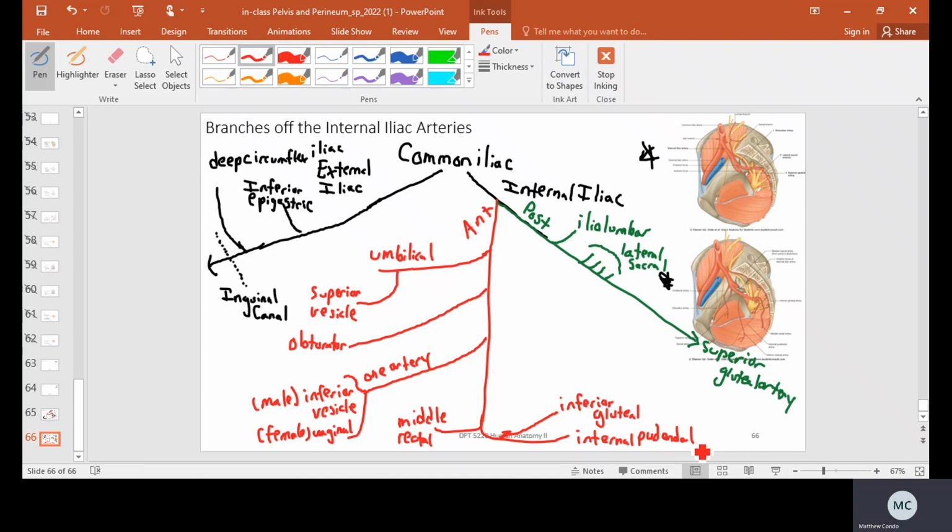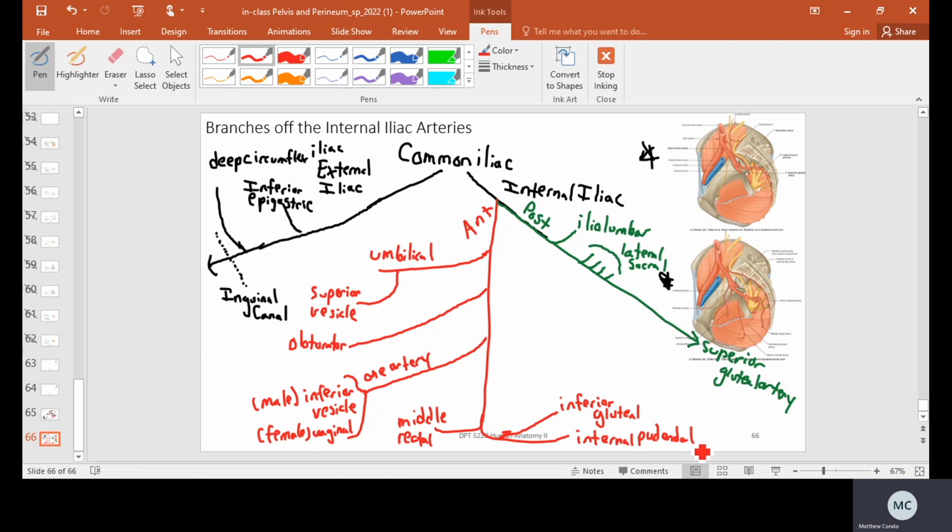If I'm going to take a gamble on what pelvic or perineal structures are going to be supplied by blood, I'm going with the anterior branch of the internal iliac artery, right? Look at how many of those things come off of the anterior branch. The anterior branch is where, like I said, that's where all the action is.